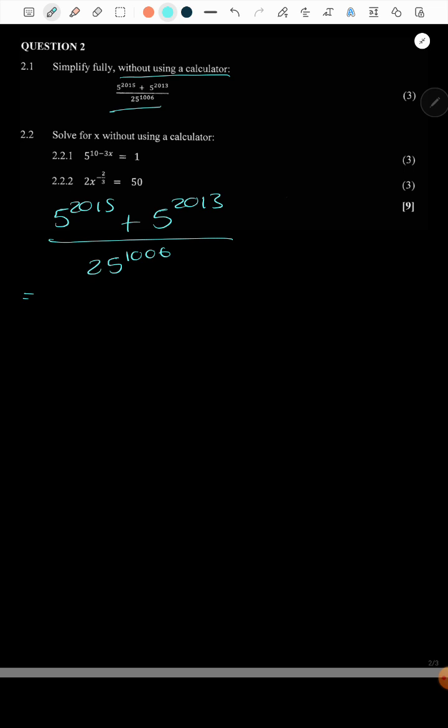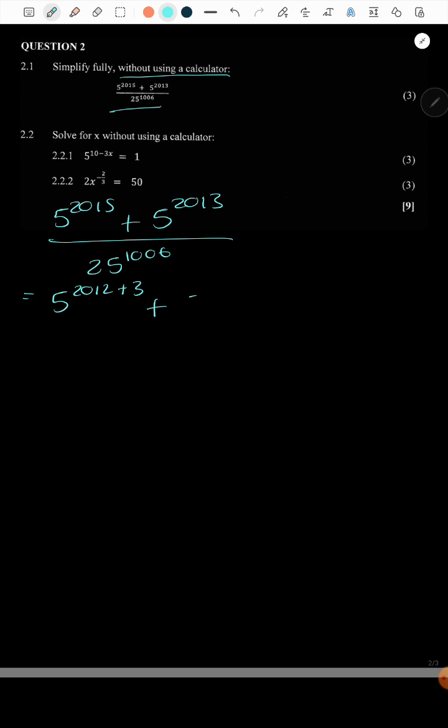So first we are given 5 to the power 2015 and 5 to the power 2013. What is it that we can do that can help us to simplify this expression? What we can do with the 5 to the power 2015, we can also write it as 5 to the power 2012 plus 3, because 2012 plus 3 gives you 2015.